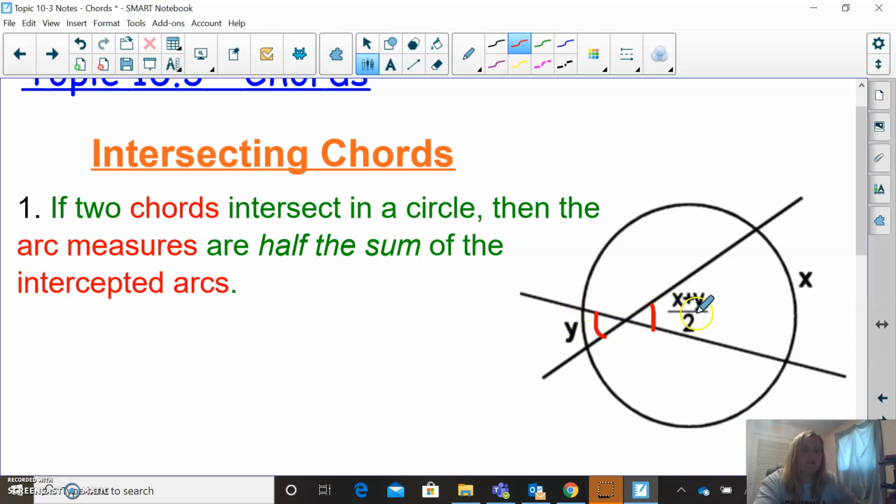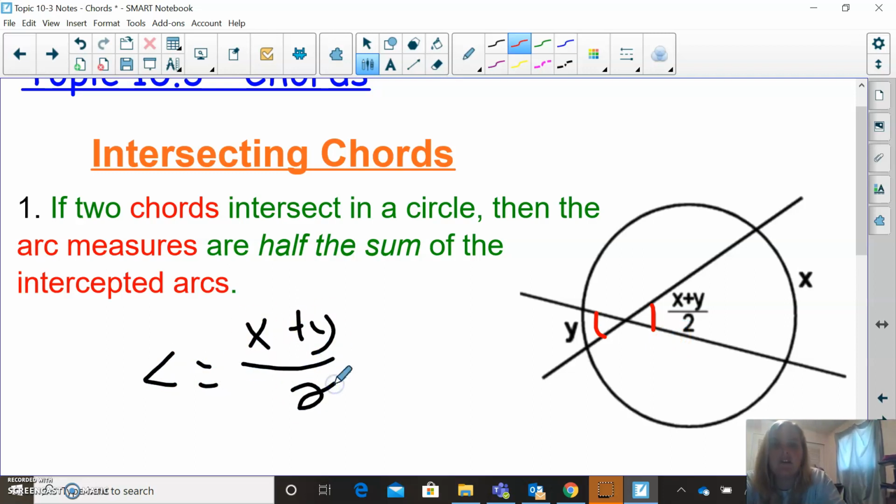So vertical angles tell us that these two are equal. But, to find the angle measure, you have to take x plus y and divide it by 2. So you're going to take x degrees plus y, and divide it by 2.